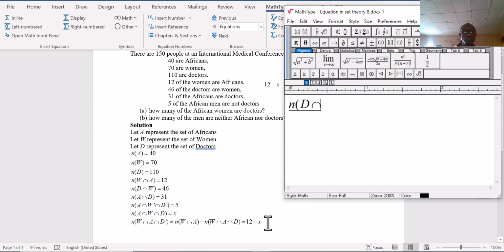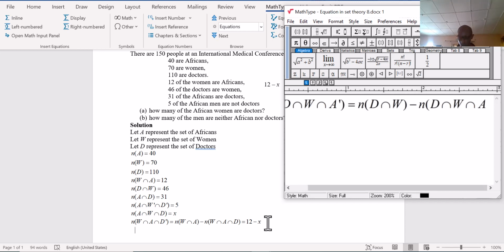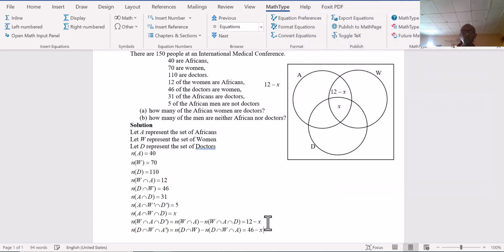D intersection W intersection A complement is equal to D intersection W minus D intersection W intersection A, that's 46 minus X. So I will need to change this to 46. So I will put that here.